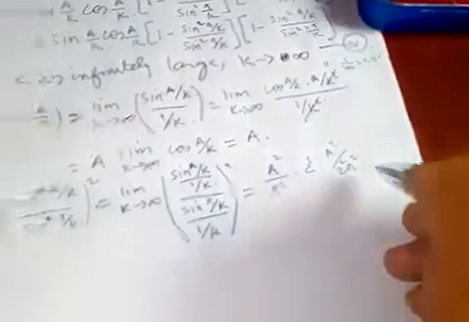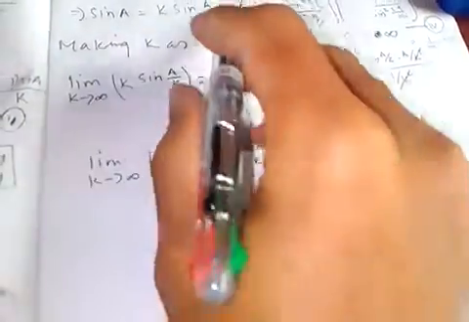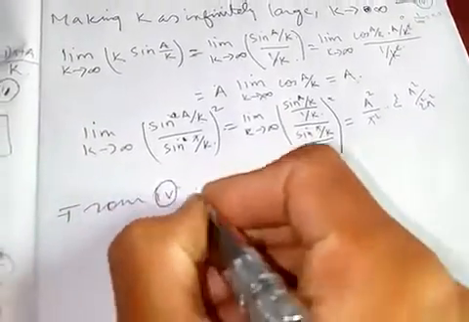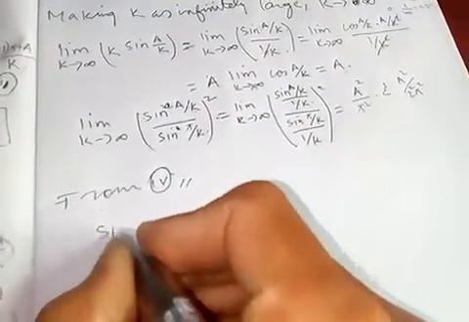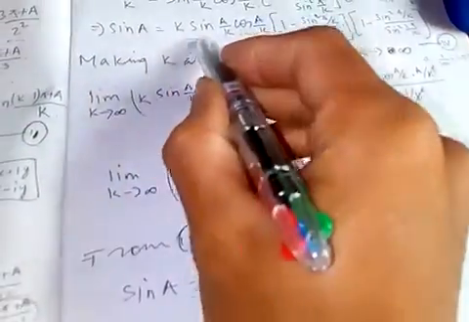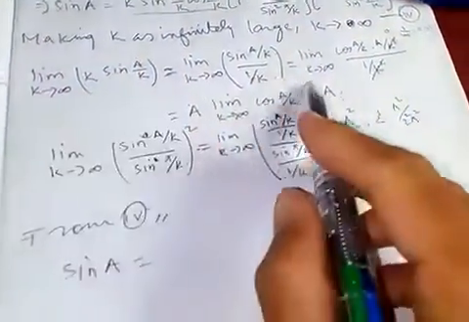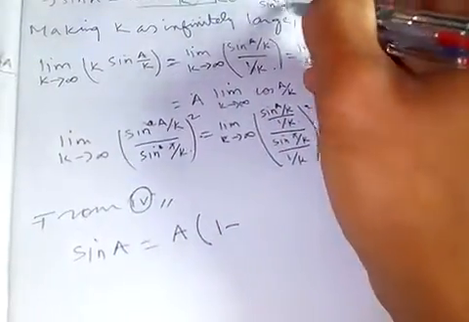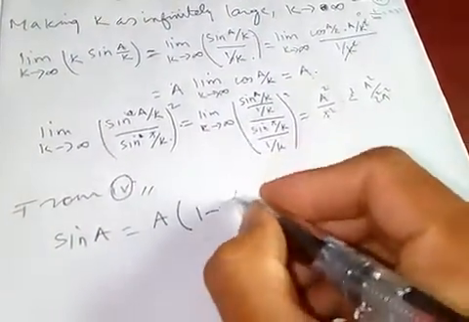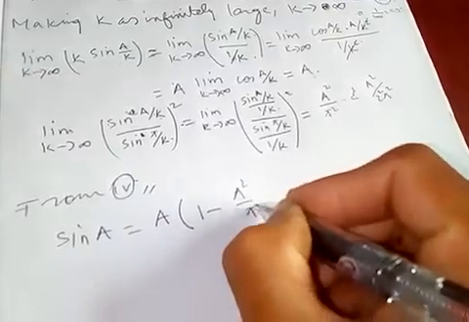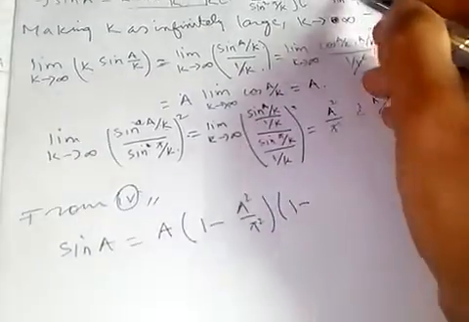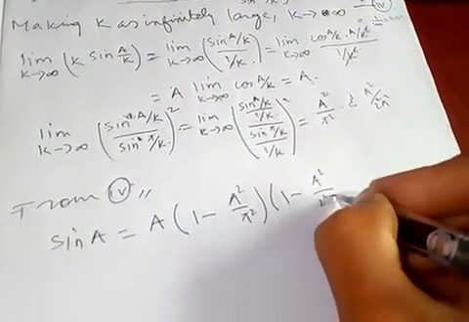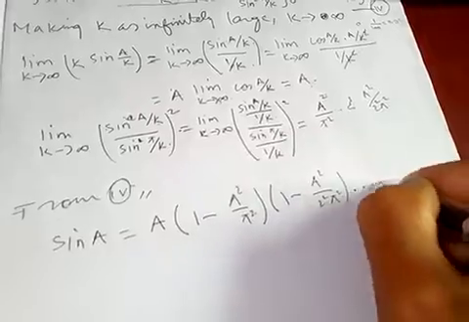Now from equation 4, I can say sine of a is equal to a times 1 minus a square over pi square, times 1 minus a square over 2 square pi square, and so on.